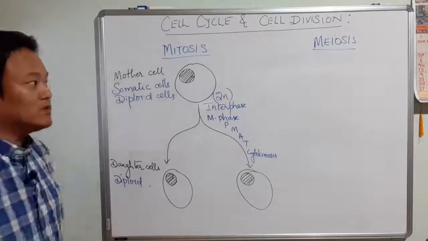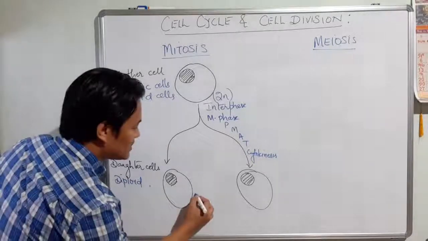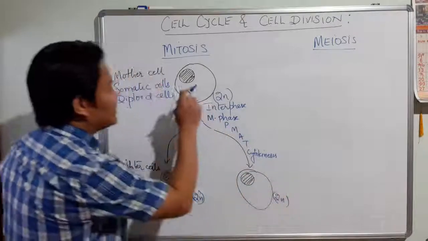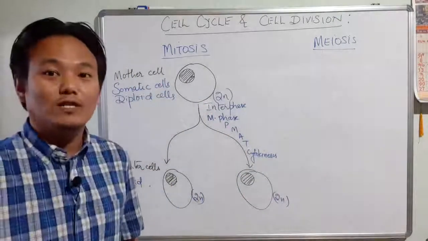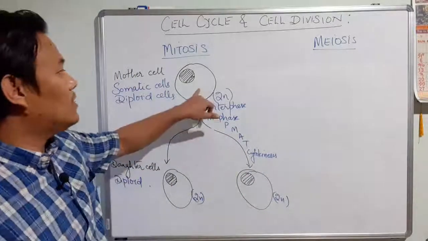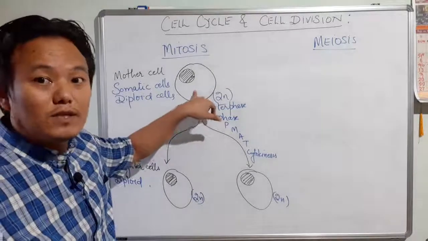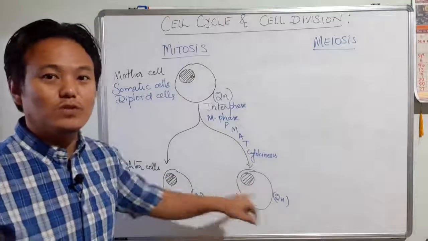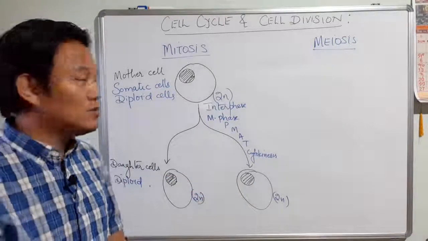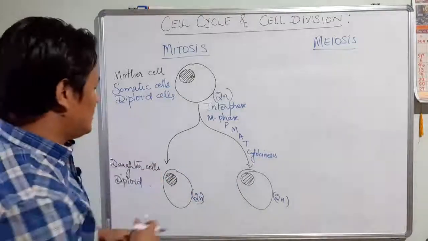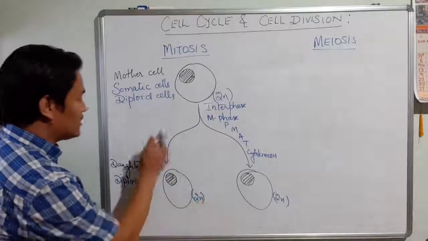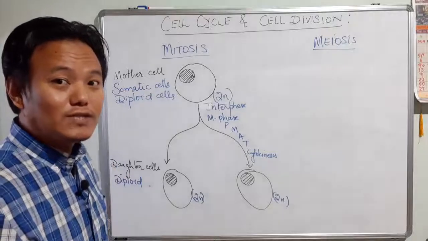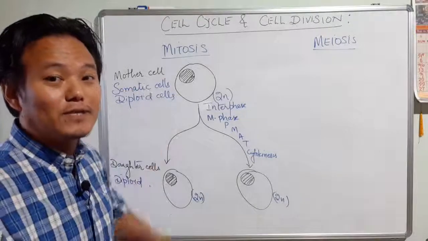The mother cell has 46 chromosomes, and the daughter cells also have 46 chromosomes. So these are the products of mitosis. Mitosis produces two daughter cells, and both are diploid, just like their mother cell.